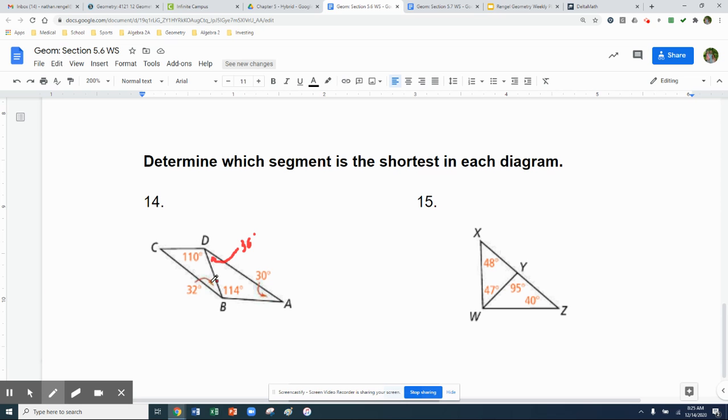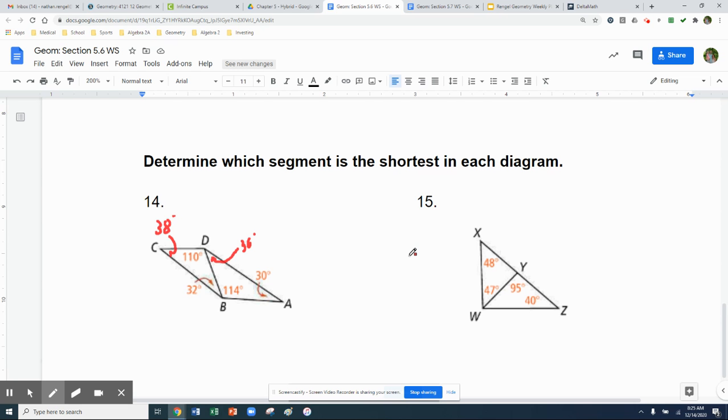That adds up to 142, which is going to leave me with a 38 degrees right there. Okay, so there we've got our pieces that we're looking at.